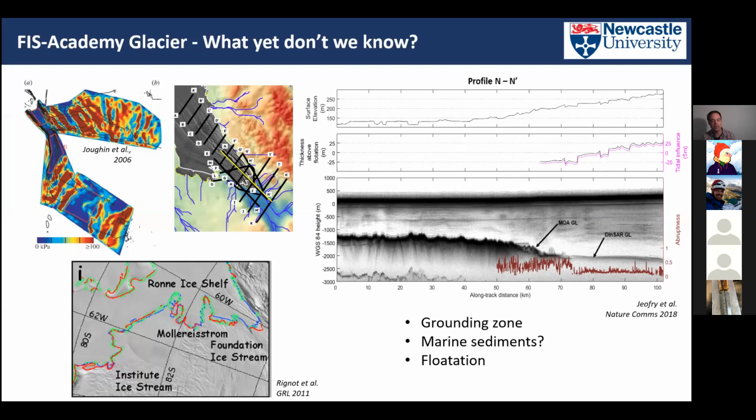I think we need to have a better appreciation of the grounding zone in this area. As I said before, it was a relatively wide grounding zone, perhaps possibly with migration of what you might think is the grounding line, with tidal signatures, and this was certainly an interesting one that came up. You can see here on the lower image, we've got the radio echo sounding data. We've got the trunk of Foundation, or well, this would probably be the Academy side of the trunk.